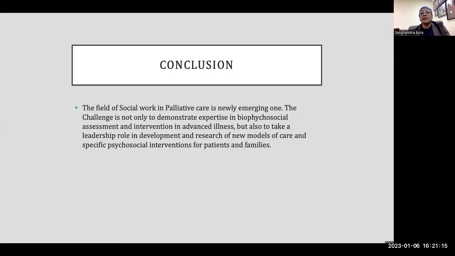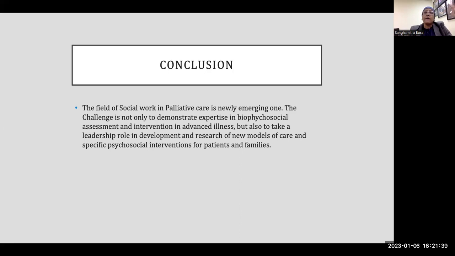So the challenge is not only to demonstrate expertise in psychosocial assessment and intervention in advanced illnesses, but also to take a leadership role in the development and research of new models of care and specific psychosocial interventions for patients and families.